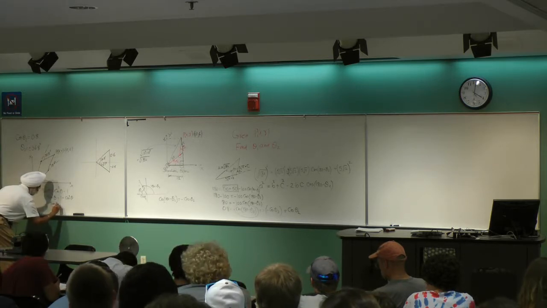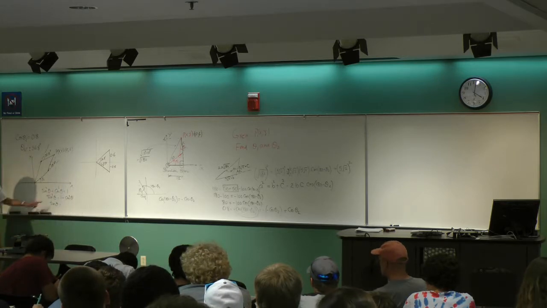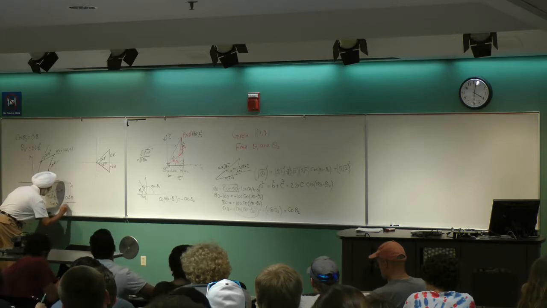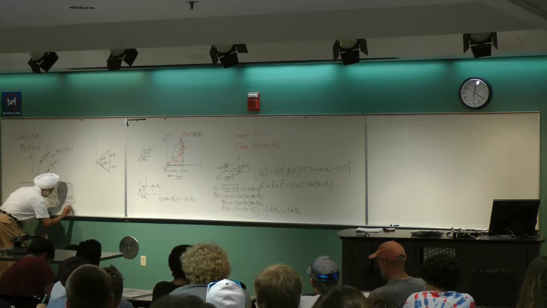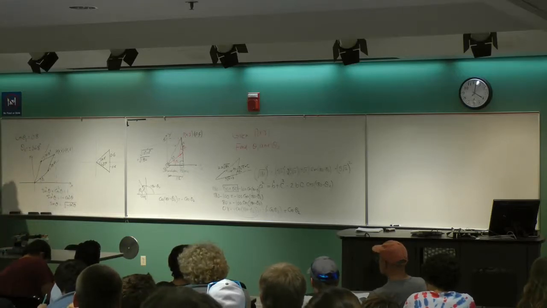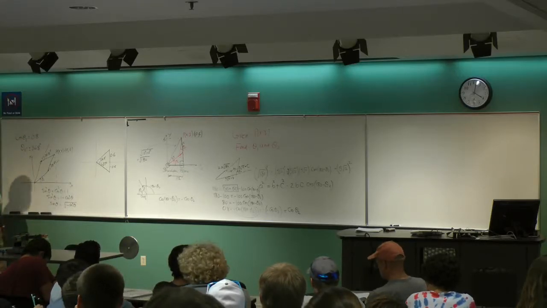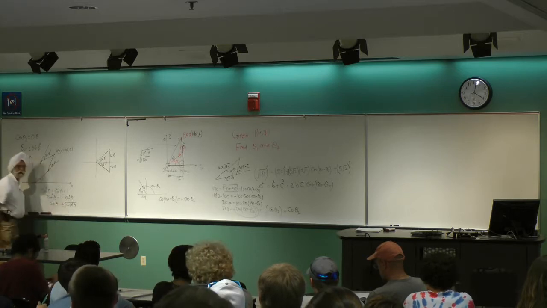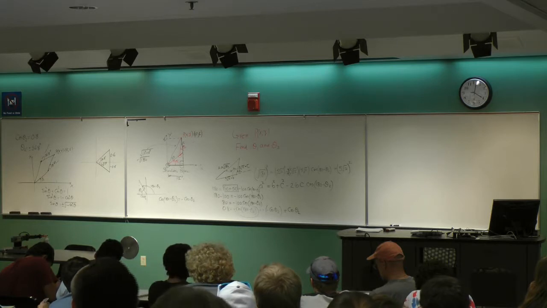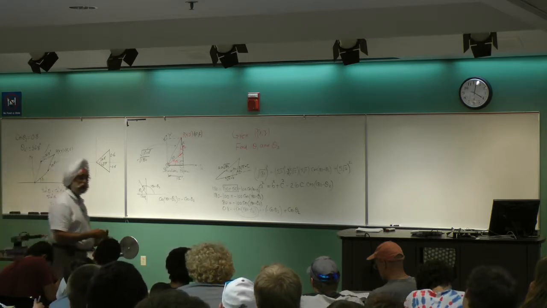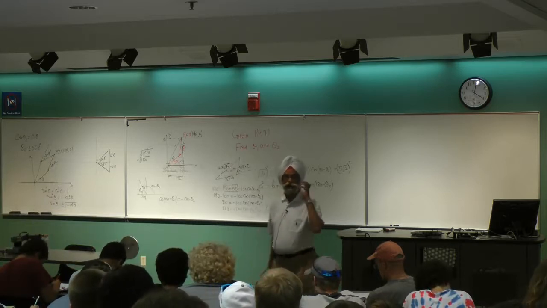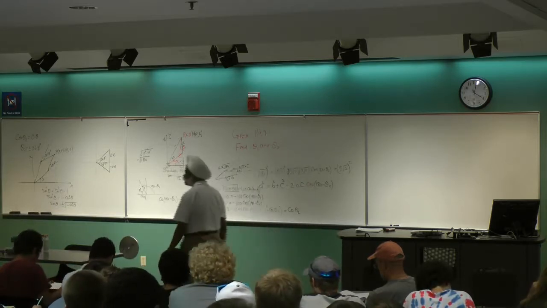Anybody? Square root. Is this correct? But we are missing something: plus or minus. Plus or minus the square root of 1 minus cosine squared theta, because the square of minus 1 is still positive.